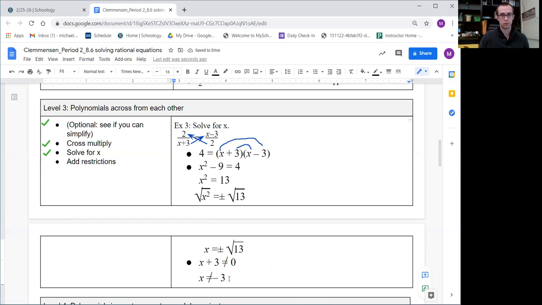All right. Now, again, what I need to check is to see if this matches this. Since these don't match, x equals plus or minus square root of 13 is my solutions.